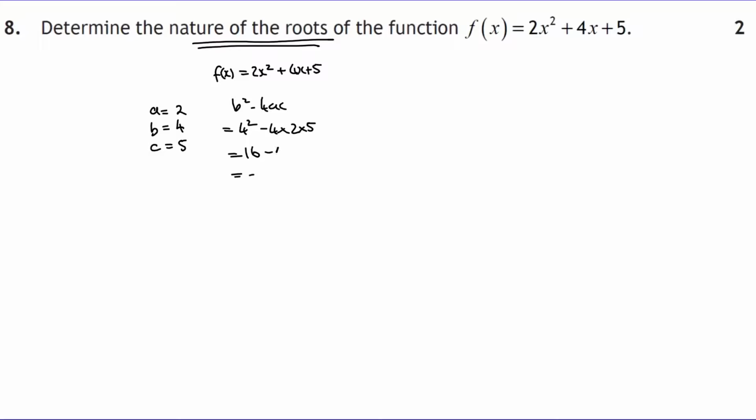Let's try that again. So 16 minus 40, which is negative 24. Now, at that stage, we've determined that the discriminant is negative, so we have to make a statement. So b squared minus 4ac is less than 0, so no real roots. Okay, and that's all that we need to write at that stage.